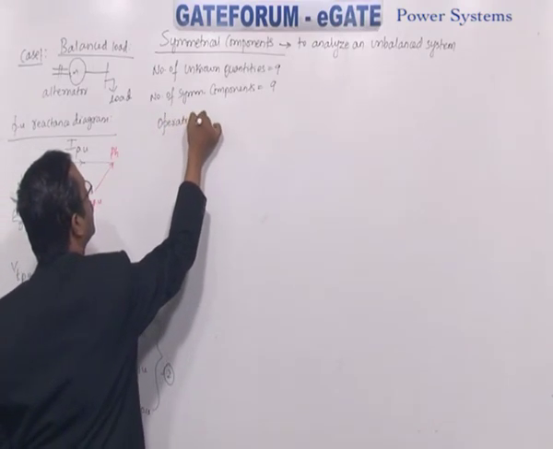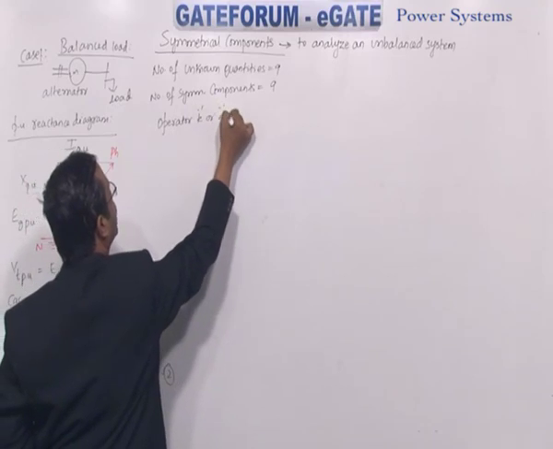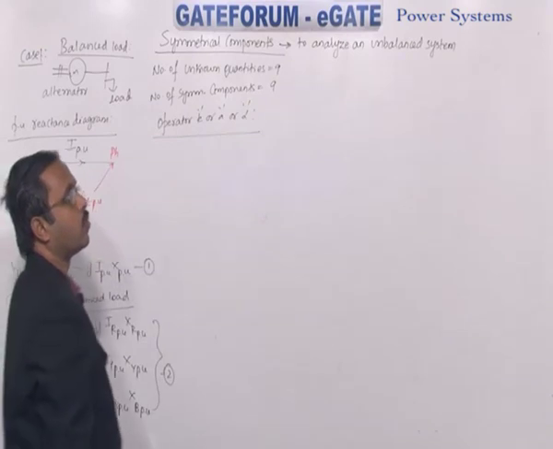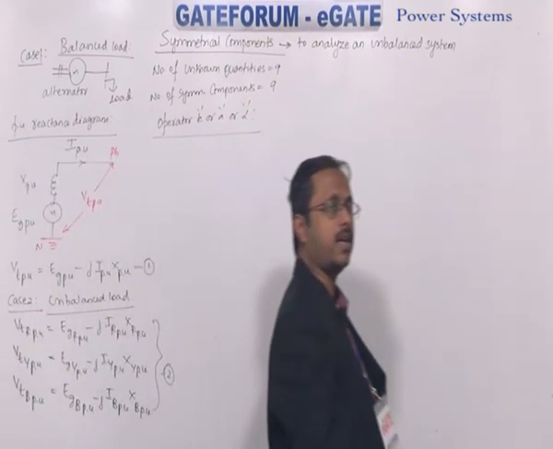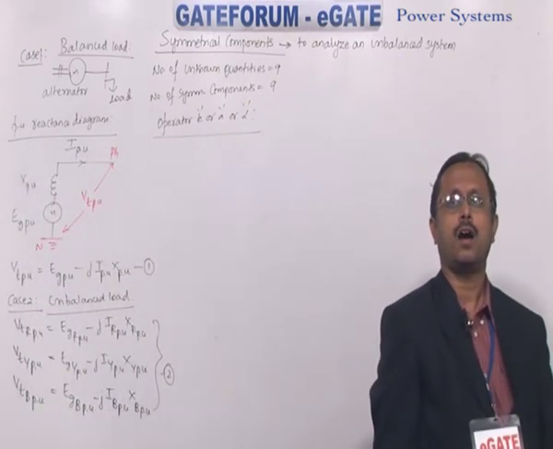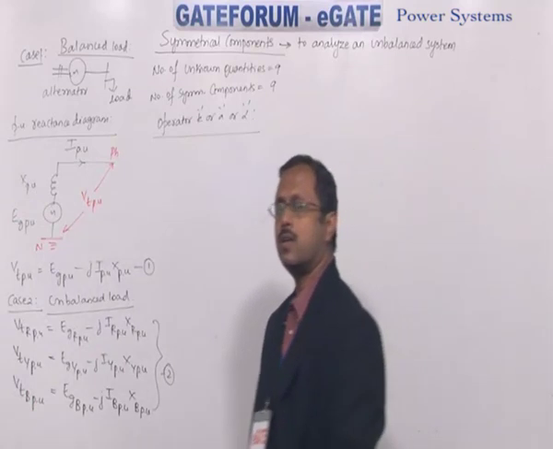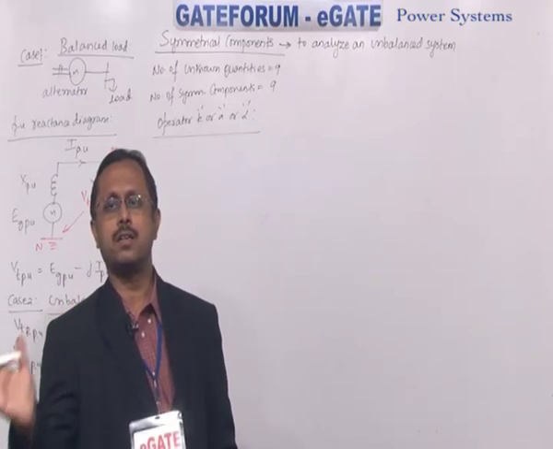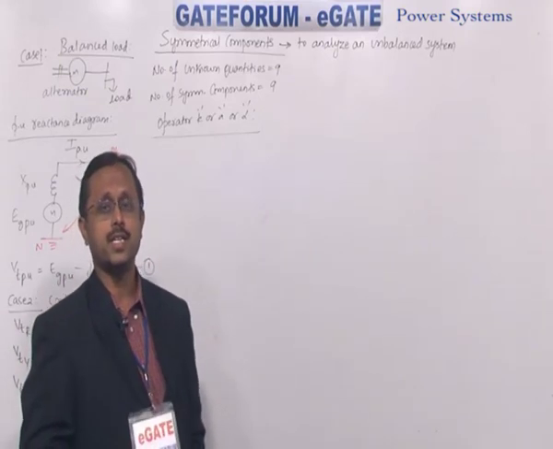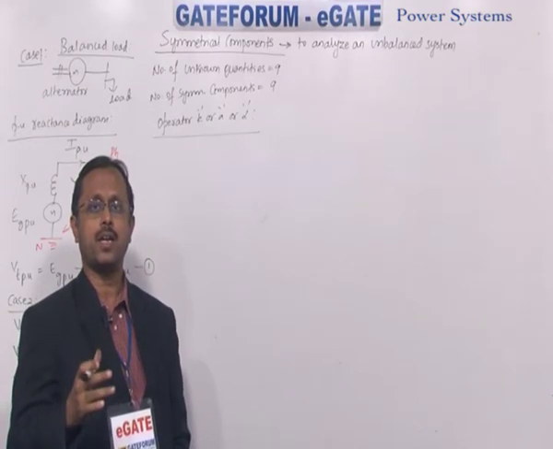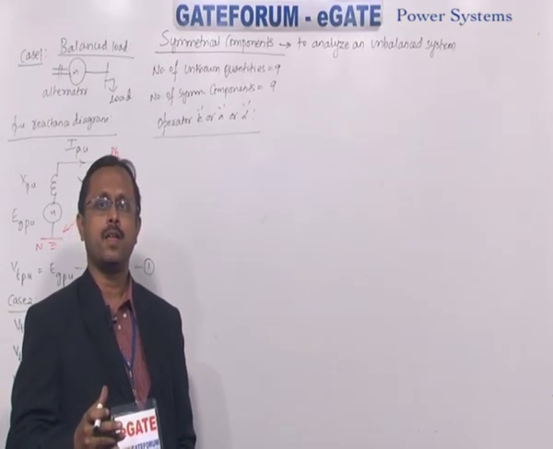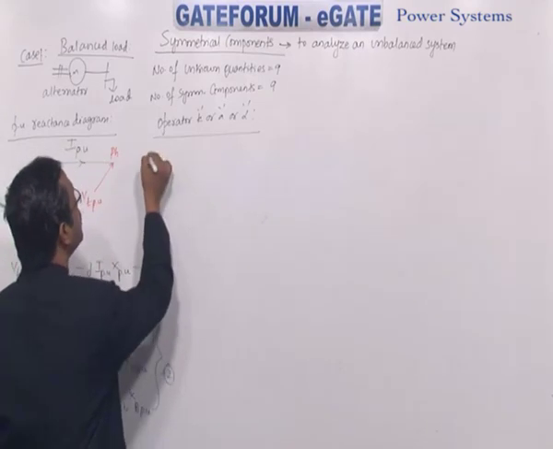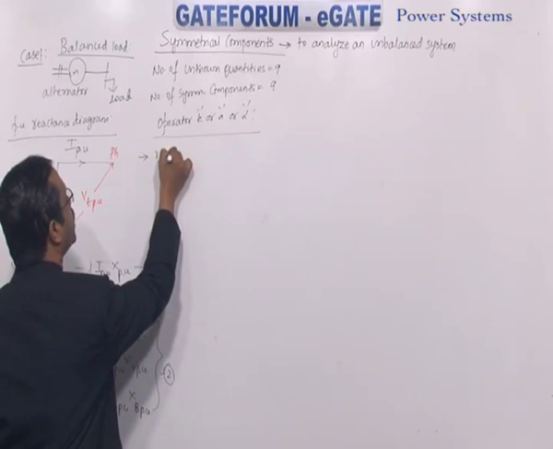What is the purpose of operator K? Operator K rotates a vector in anti-clockwise direction by 120 degrees. That is the function of operator K.